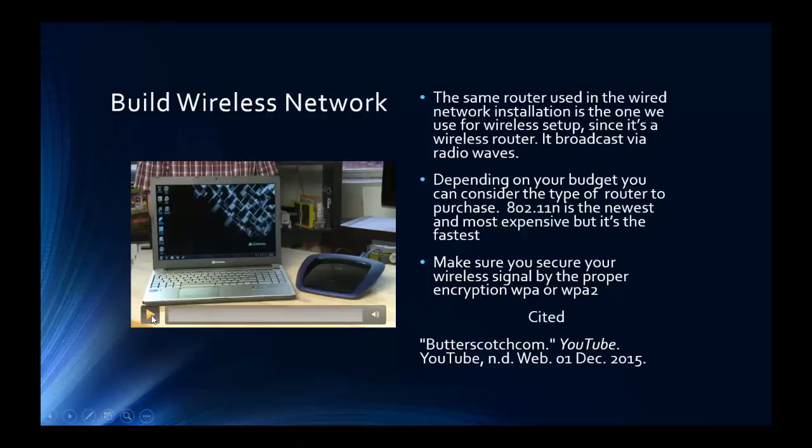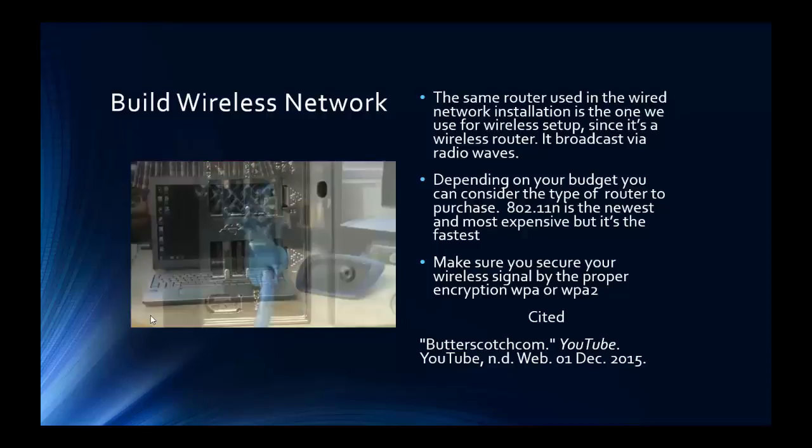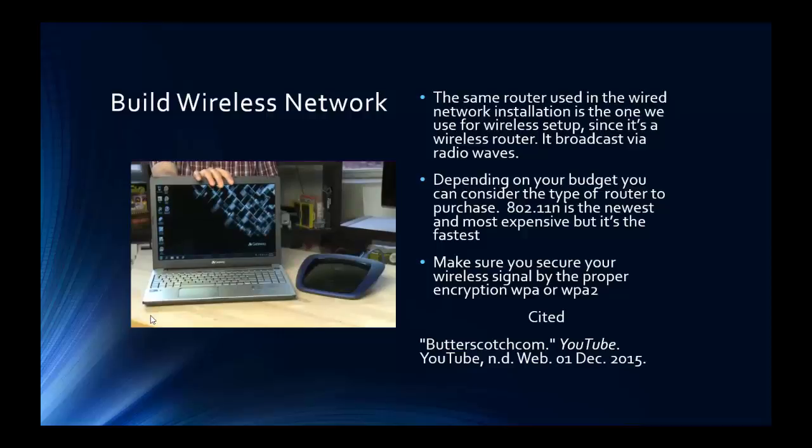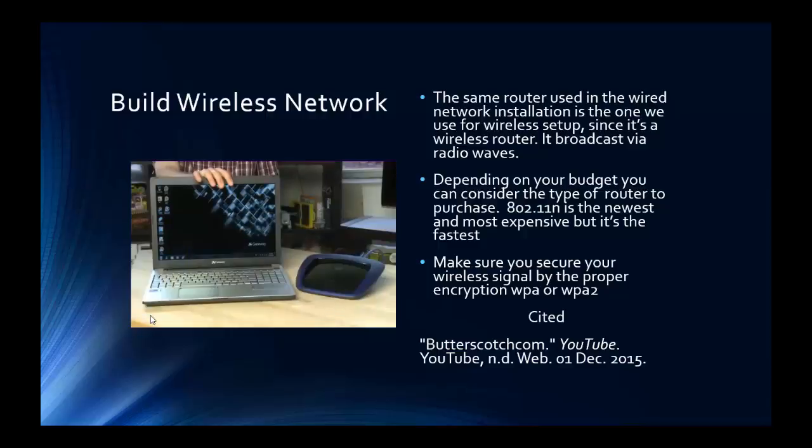Okay, let's move on to the next module, module 4, and I want us to pick up from where we left off. The router that you see there is the same router that we used for the wired component of the network, and it's a wireless router. It's running on the fastest speed at 802.11n, the newest and the most expensive one.